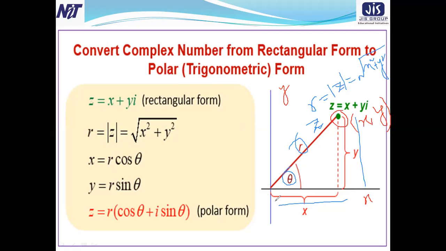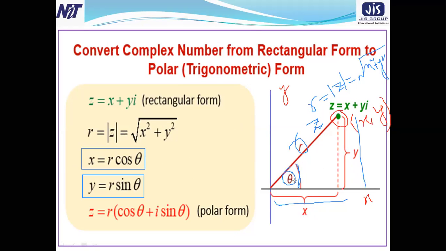And with the help of coordinate geometry or trigonometry, you can easily calculate that x equals r cos theta and y equals r sin theta.